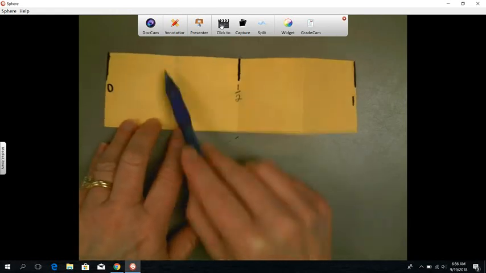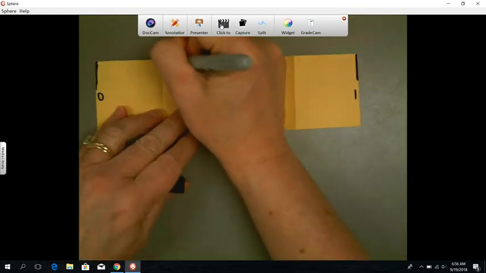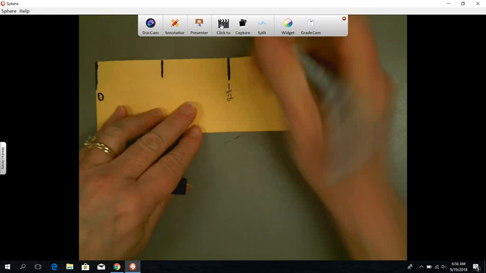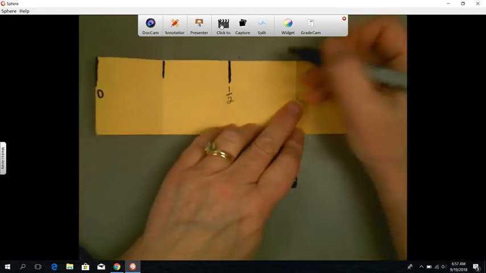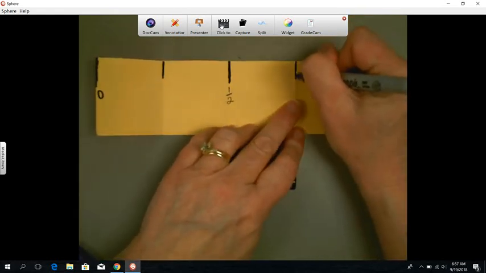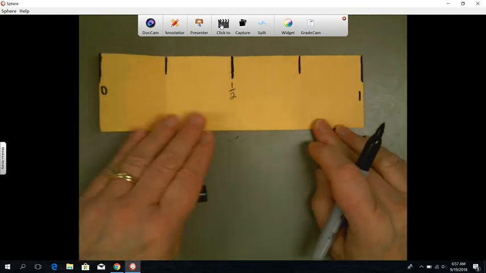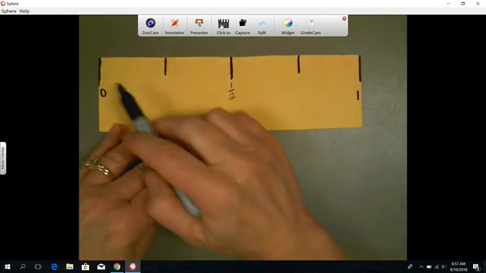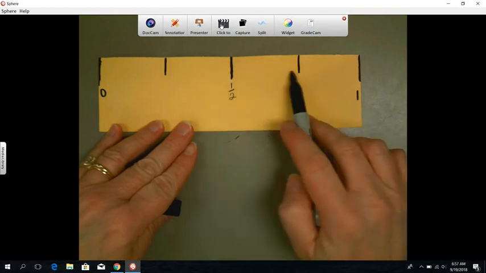And so now I'm going to make a mark here, a little bit shorter than the half mark. And I've got those marks there. And if I notice, I now have 1, 2, 3, 4 sections.